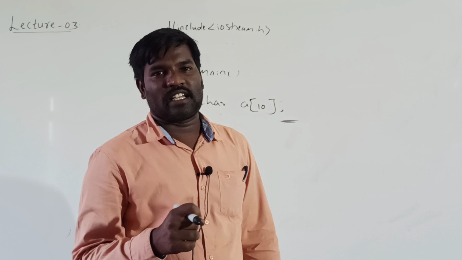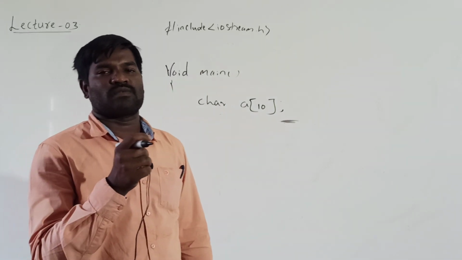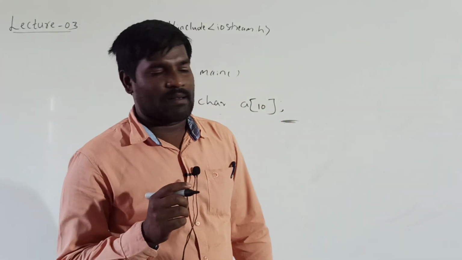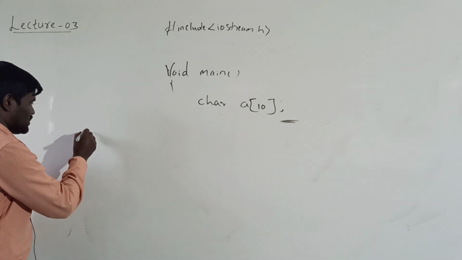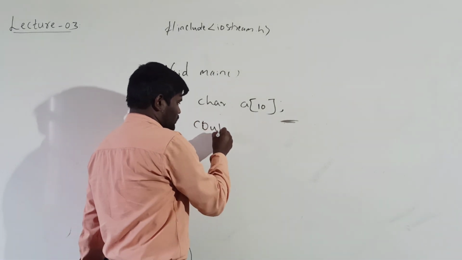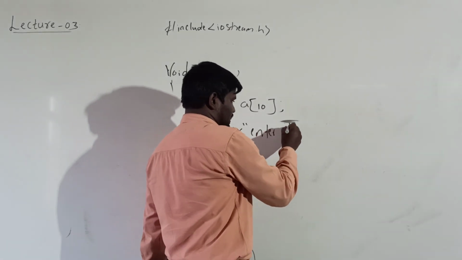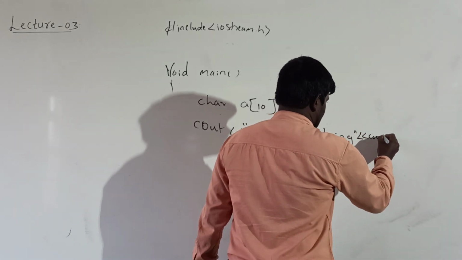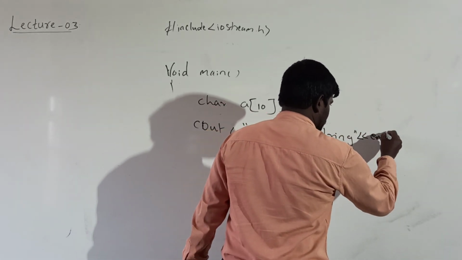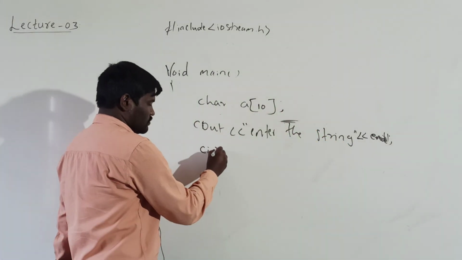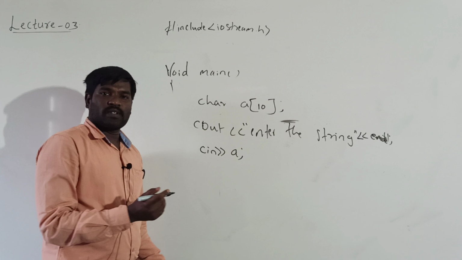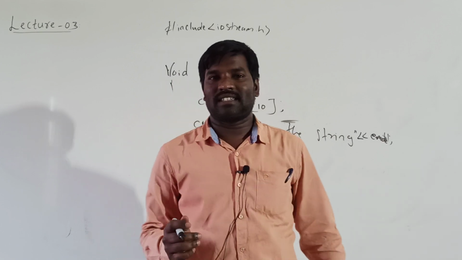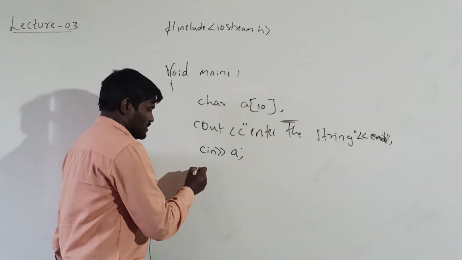It is possible to write the program with the help of string handling functions, as well as without them. See here: char a[10], cout "enter the string", then cin >> a, or you can use cin.getline(a, 10).